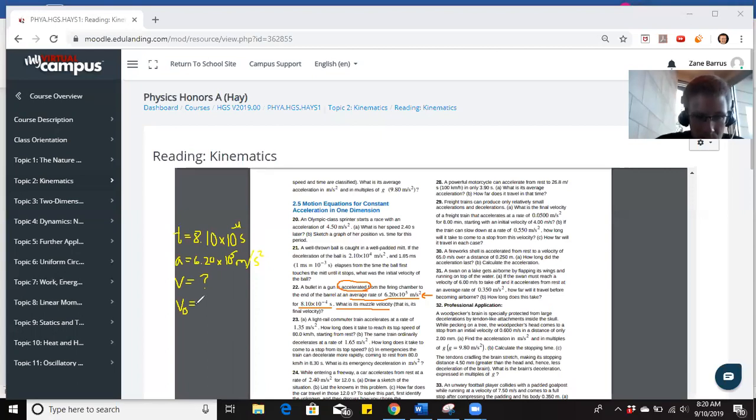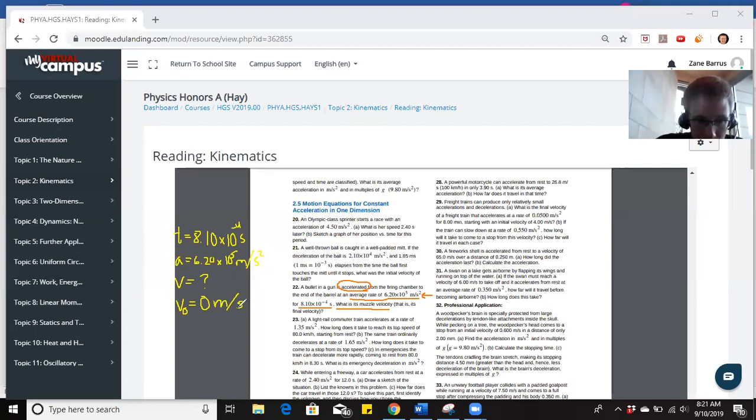V naught stands for initial velocity. In other words, what's the velocity at the beginning of the problem? If a bullet is sitting in a gun at the beginning of the problem, it's not really moving at all. So our initial velocity is 0 meters per second because this bullet is being accelerated from rest. They didn't say that in the problem, but you need to be able to infer that to know which equations you need to use.